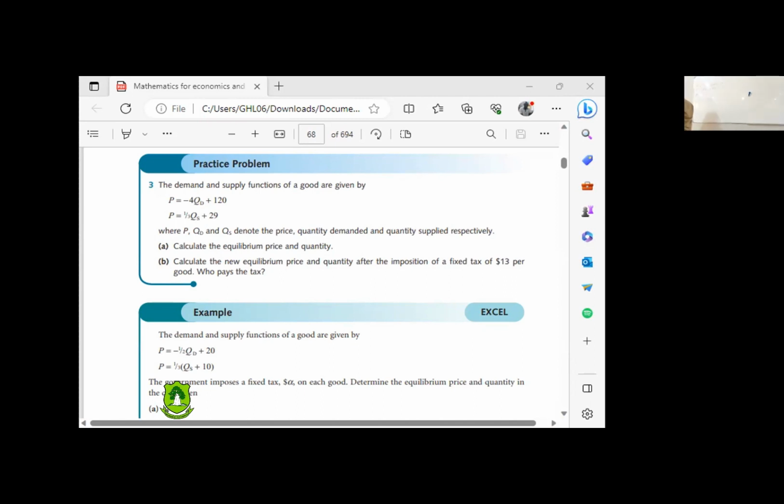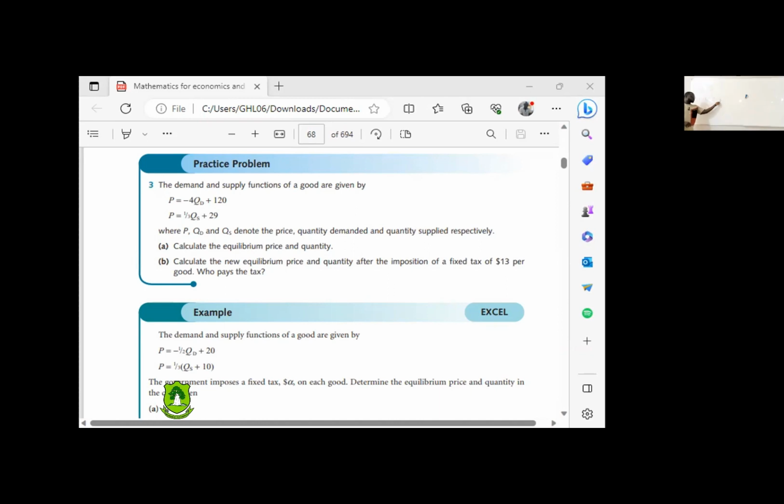So here, the first task is to find the equilibrium price and equilibrium quantity. It doesn't matter which one you find first. Remember I said, instead of equating quantity demand to quantity supply, you can also just equate the prices. You don't need to make the subject like we have done. Don't waste your time, because at equilibrium, they are the same. At equilibrium, quantity demand equals quantity supply, which will give you that same quantity.